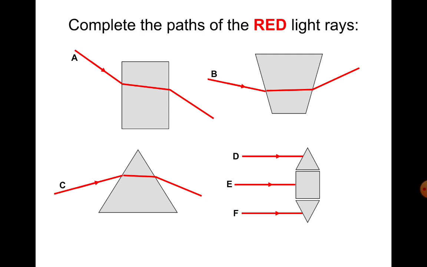In D, E, and F we have lenses. Let's see what's going to happen with the light. Indeed, the light is going to bend towards the middle. We will also discuss lenses, and we will also make constructions of different types of lenses.